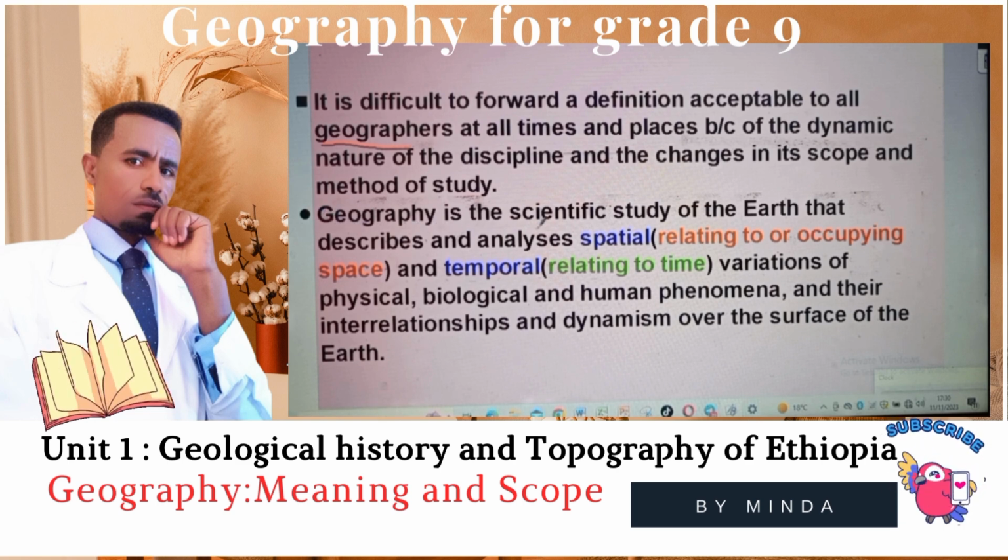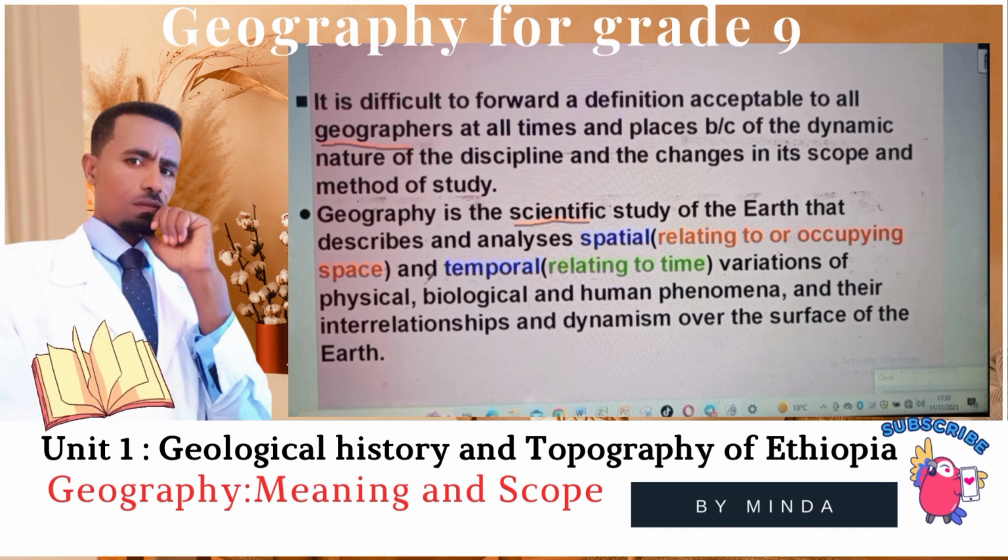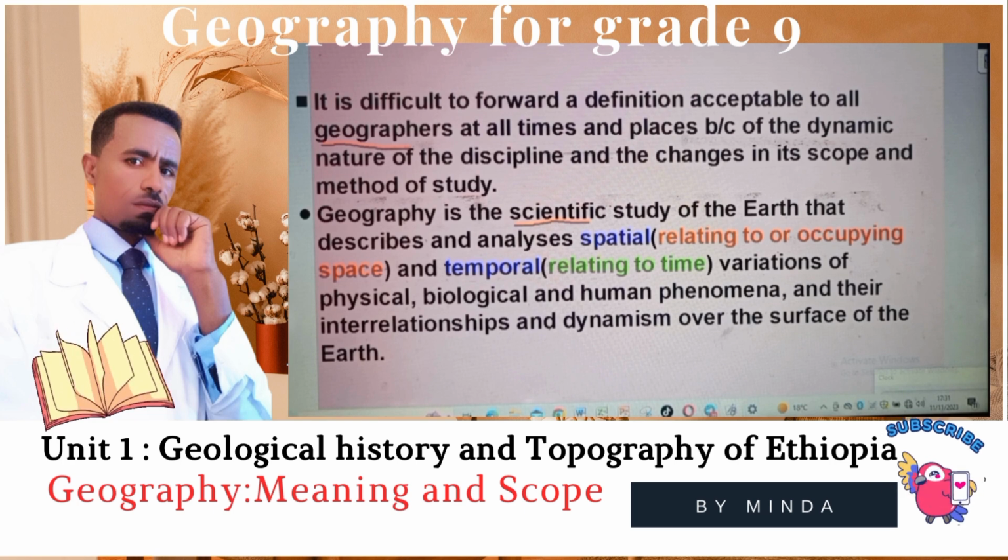Geography is a scientific study of the earth that describes and analyzes the spatial, which means relating to or occupying space, and temporal, which means relating to time, variations of physical, biological, and human phenomena and their interrelationships and dynamism over the surface of the earth.